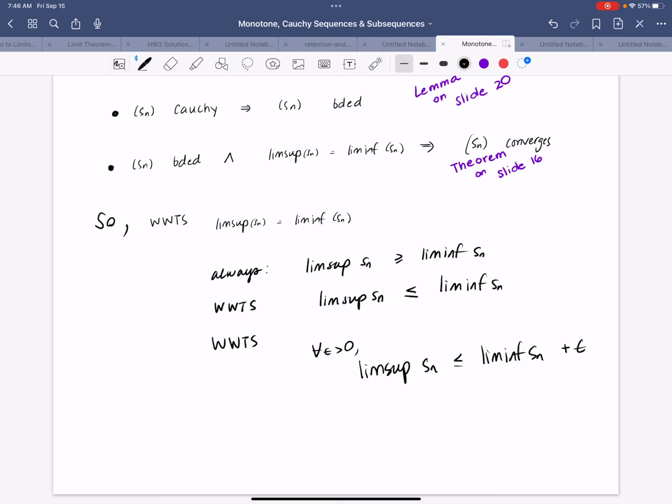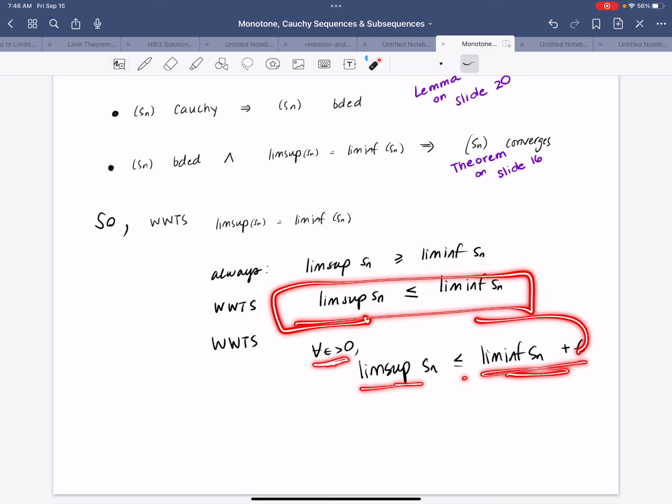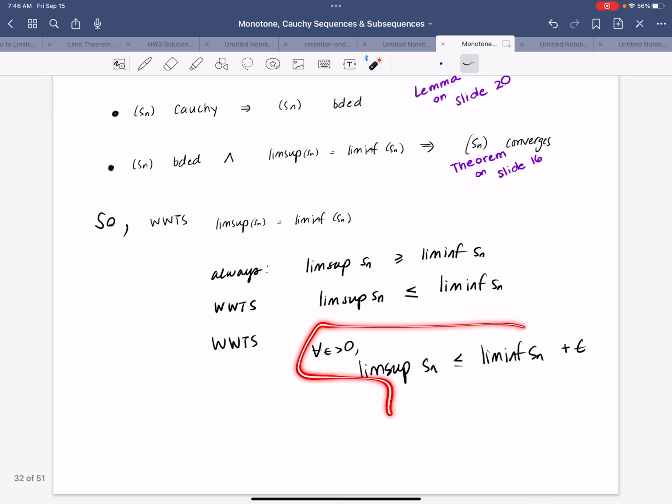Okay, so we need that epsilon. We're going to use this epsilon to play around with upper bounds and lower bounds and the existence of certain terms. So if we show for every epsilon, lim sup is less than or equal to lim inf plus epsilon, that's going to imply that overall lim sup has to be less than or equal to lim inf. Okay? So let's get started with this.